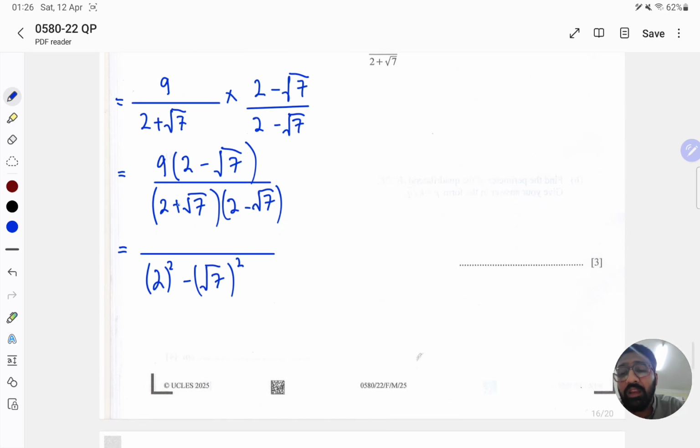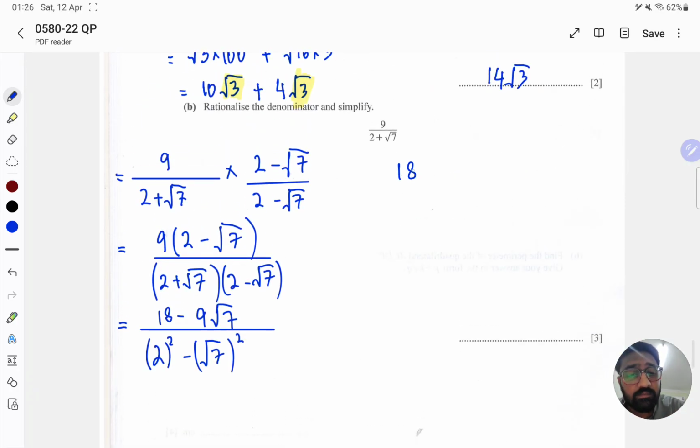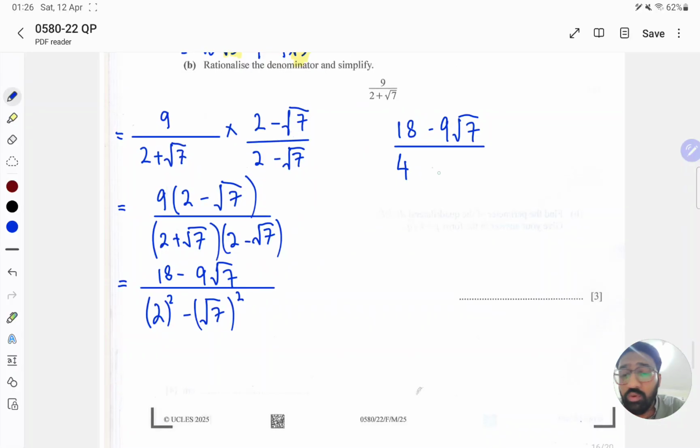You'll expand the numerator, which is 18 minus 9 square root of 7. Divided by 2 square, which is 4, and the square root will cancel out, which is going to give you 7.